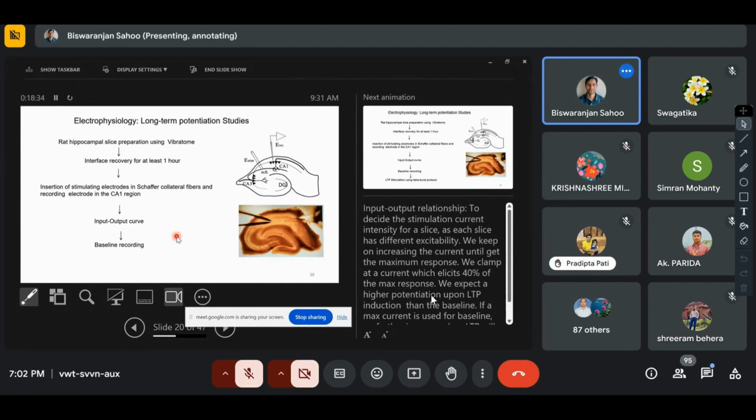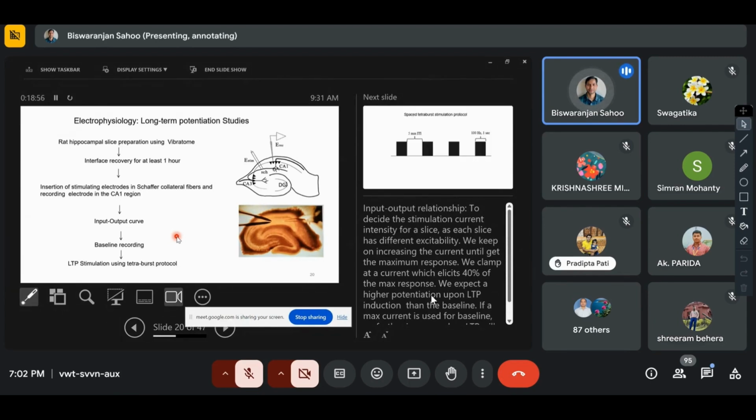Because during LTP we expect an enhanced response. If you take 100%, there is no more increase. That's why we keep around 40% of the maximum current. Then we use a protocol, which I'll explain in the next slide.